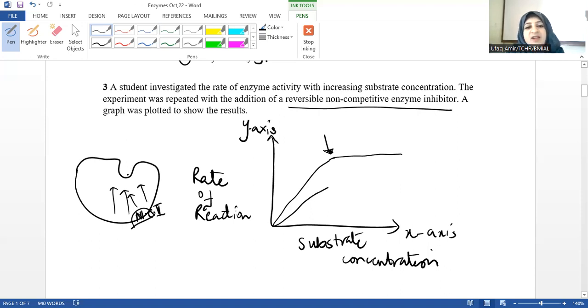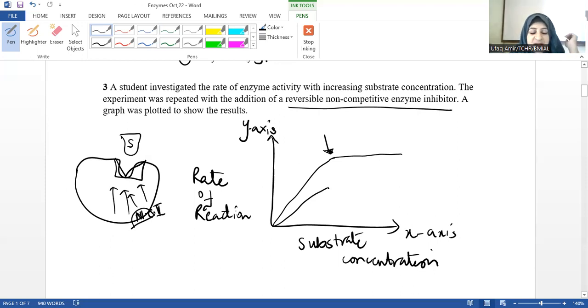When the shape of the active site is temporarily changed, the substrate won't be able to fit into it. If it becomes, let's suppose, triangular or square or rectangular, then the substrate won't fit into the active site because the shape is changed. So the reaction won't proceed further.